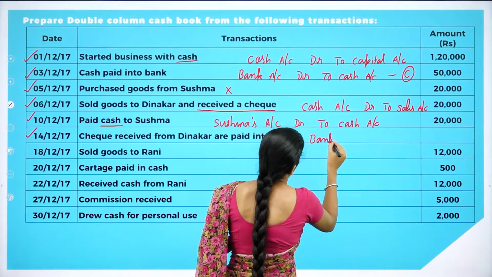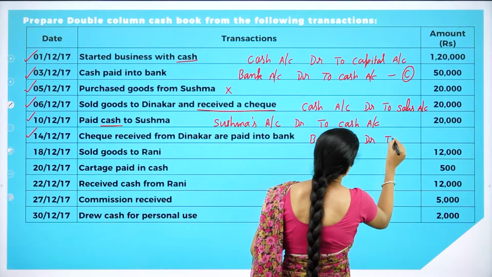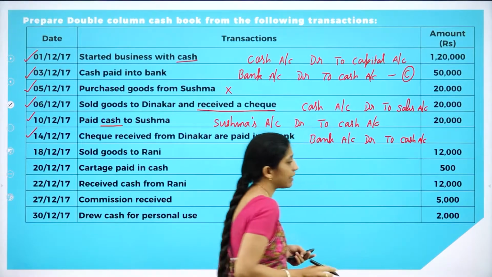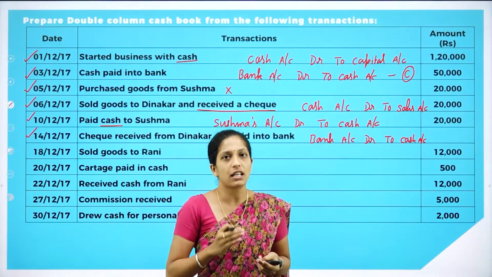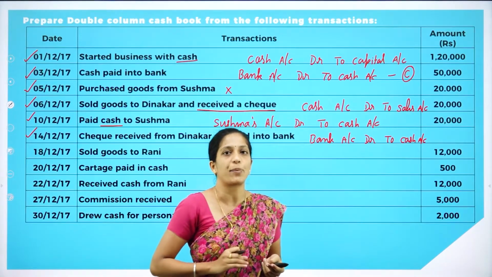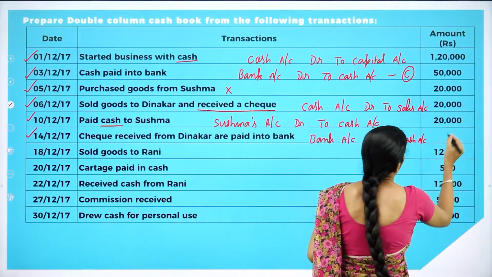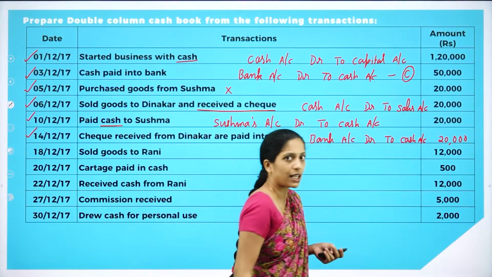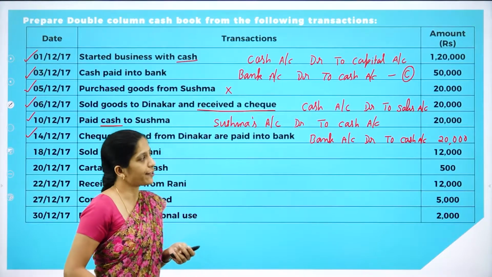So bank account debit to cash account. And here they have not given the amount, but they have directly told that the check received from Dinakar, the same check has been deposited into bank. So what was the worth of the check? That is 20,000. So the check amount will also be 20,000. So your journal entry will be bank account debit to cash account.